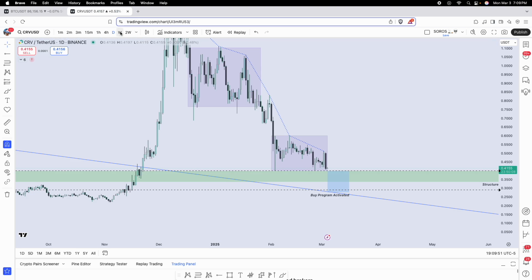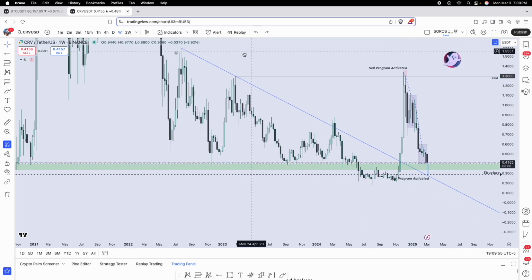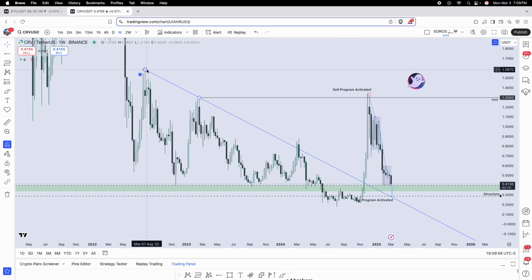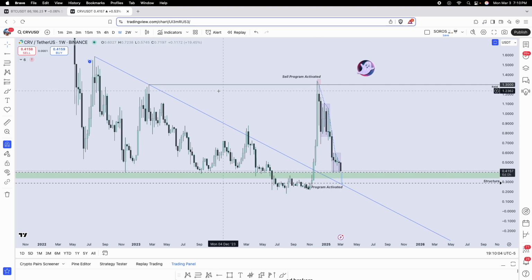The other thing I'm looking at in the range, if you go on the weekly, you could see there was a very clear supply line, 1, 2, 3 rejections before a clean break and that amazing move all the way up to 130.